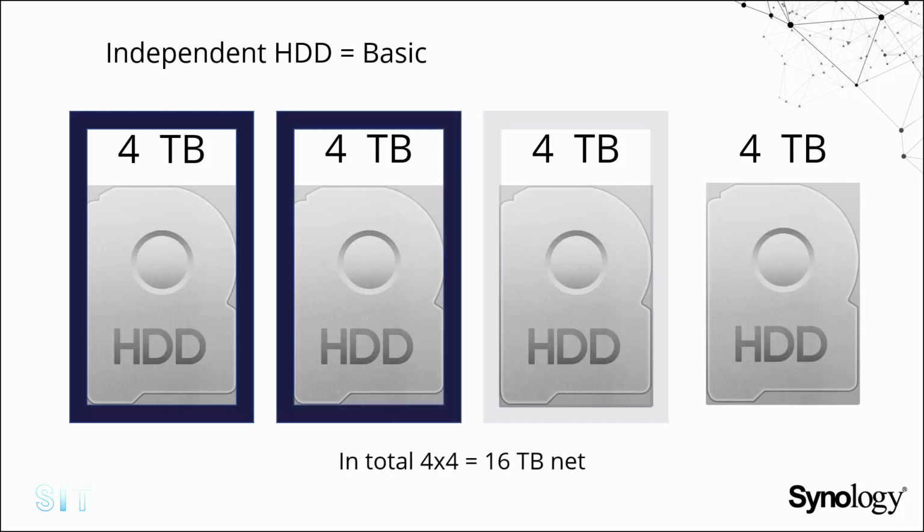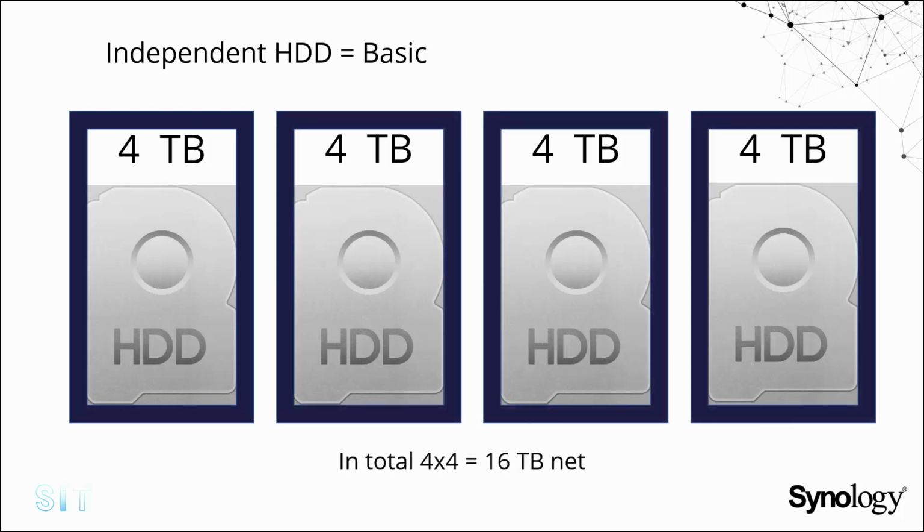A total of 4 times 4 equals 16 terabyte. And we would have 4 individual separate storage areas, so-called volumes, on which we could store our data. This means that the data is always stored on a specific hard disk and we don't have any contact points of the individual hard disks or data that is stored on them.